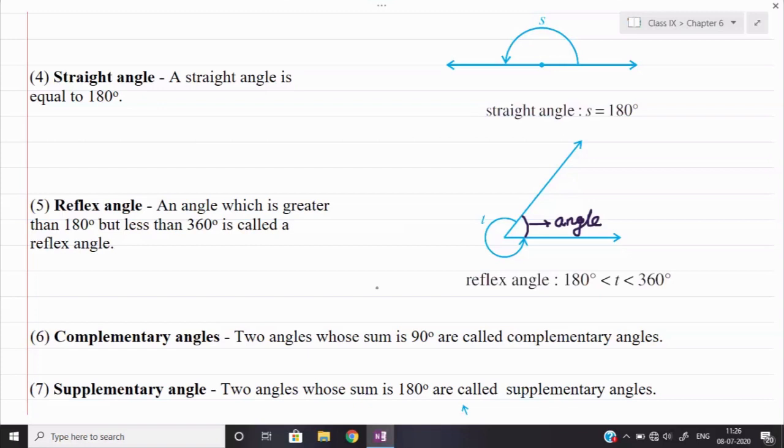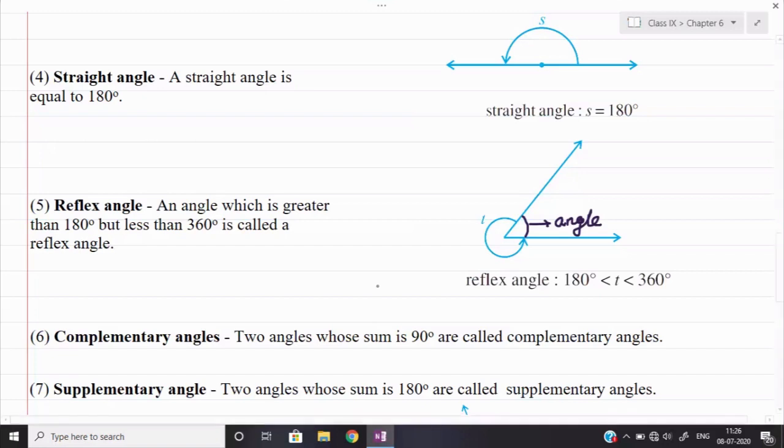And the value of a reflex angle must be more than 180 degrees, but it can't be more than 360 degrees, because the complete circle is 360 degrees only.